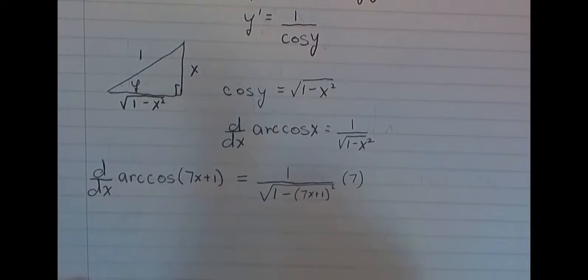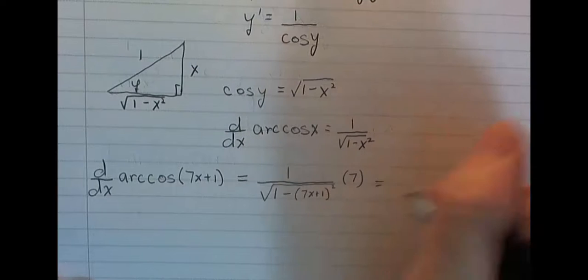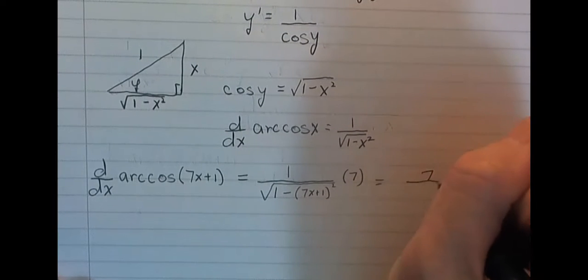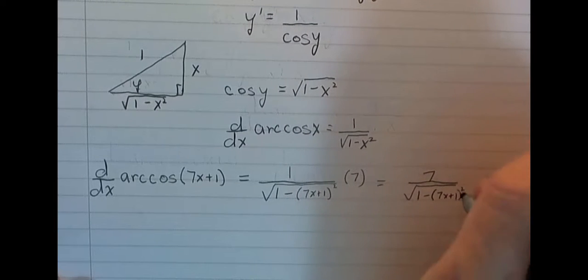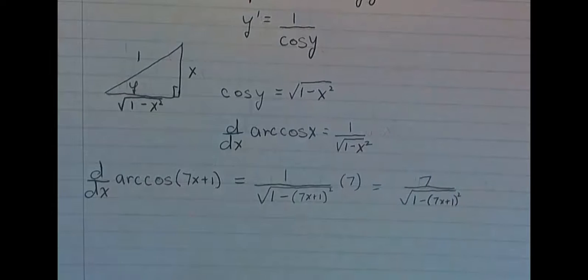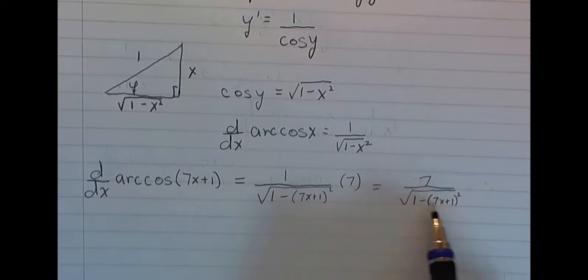So there we have it. And of course, you might want to write this as 7 over the square root of 1 minus (7x plus 1) squared. If you want, bring the 7 up top there. But anyway, there's the derivative, and you could expand that out, of course, but no need to for right now. That's how we find the derivative of arc sine.